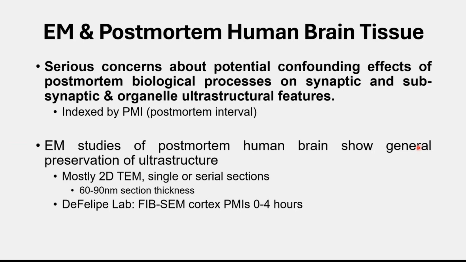Now, there have been EM studies of postmortem human brain tissue before. I have published them myself that show that in general, the tissue can be preserved postmortem in the brain. So it's not like we have no idea as to what's going on in the brain postmortem at the EM level.